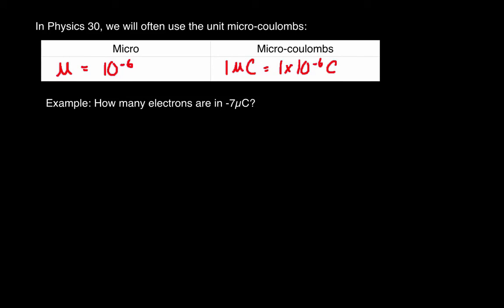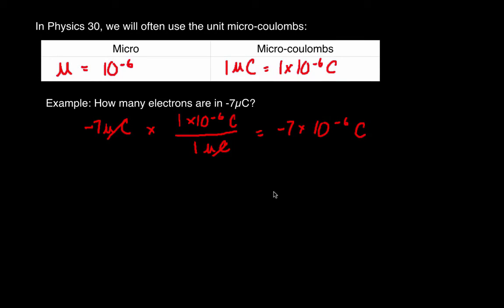For example, how many electrons are in minus 7 microcoulombs? First, we need to convert the microcoulombs into coulombs. Minus 7 microcoulombs times 1 times 10 to the minus 6 coulombs in 1 microcoulomb. The microcoulomb cancels out, leaving us with coulombs, so it's minus 7 times 10 to the minus 6 coulombs.